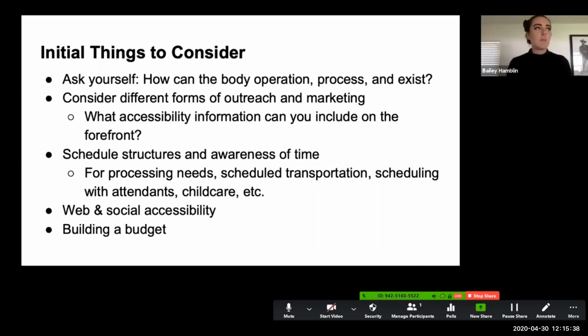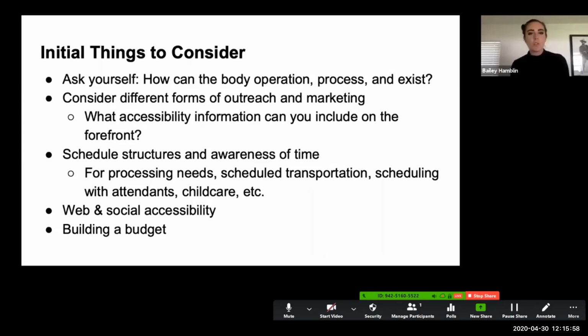So crip time just refers to this different mode of time that disabled folks are operating with. The more we can do to reconceptualize time structures in our minds and realize that certain time restrictions don't work for everybody, the greater the help to making things more accessible.